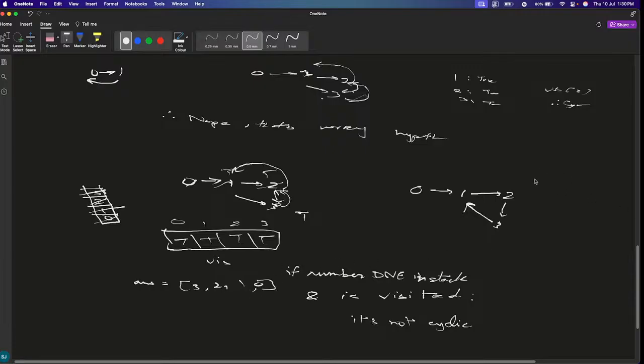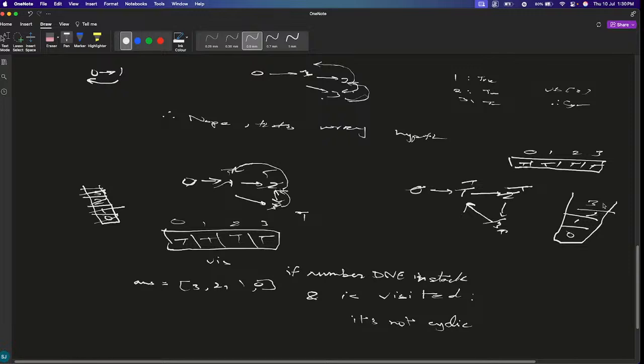Now coming to here, the same thing. We draw a visited array, like 0 1 2 3. We start with 0, true. We start with 1, true, and then 2, which is again true, and then 3, that would be true.